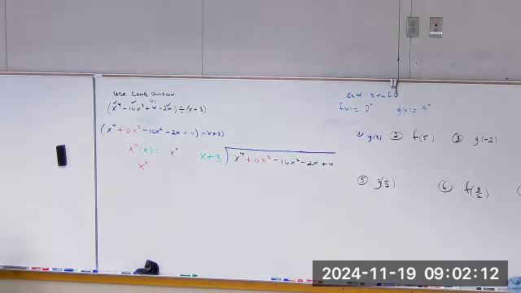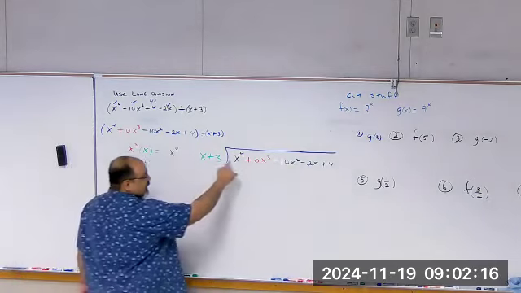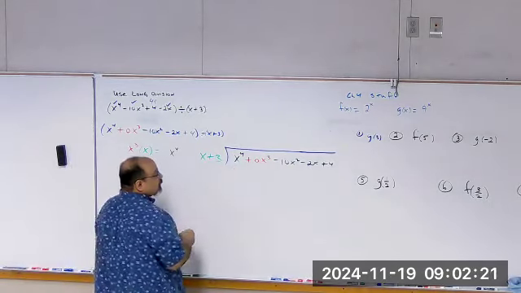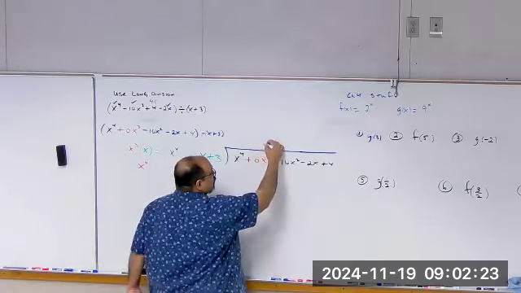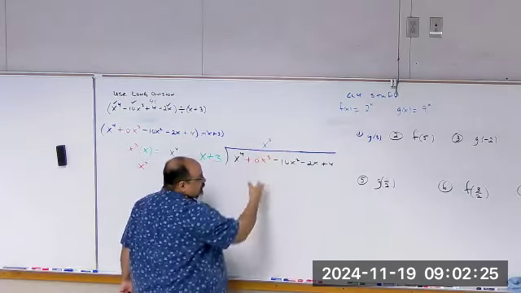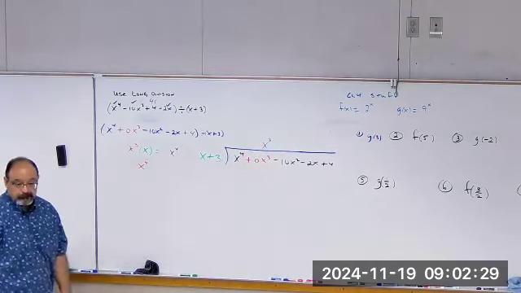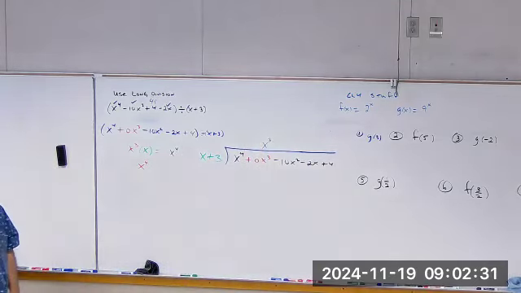So the very first term I'm going to start with, what times x makes an x to the 4th? It's going to be an x to the 3rd. And it's going to be put right here in the x to the 3rd place value. That's my choice. What times x is x to the fourth? X to the third times x is equal to x to the fourth.